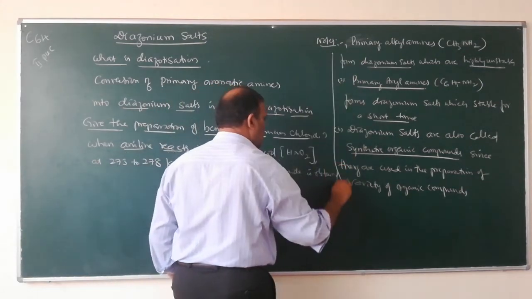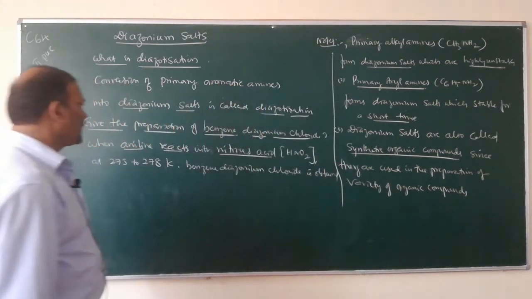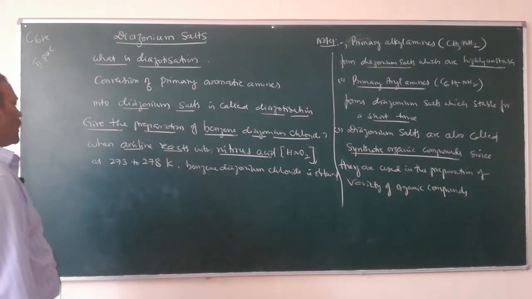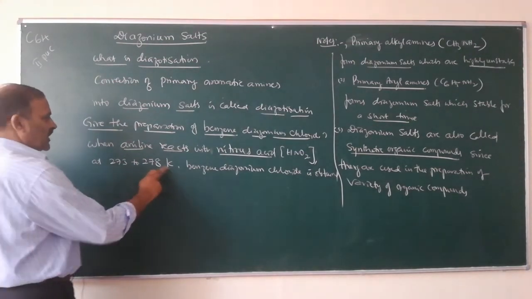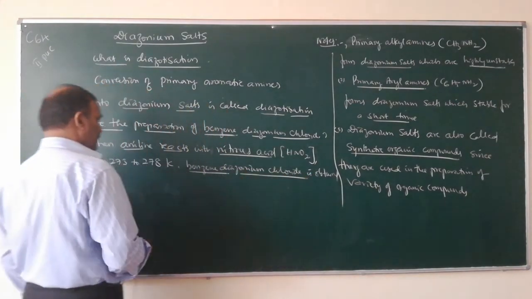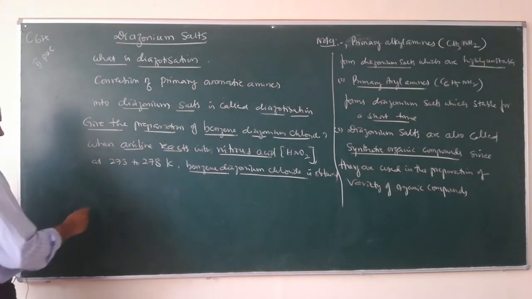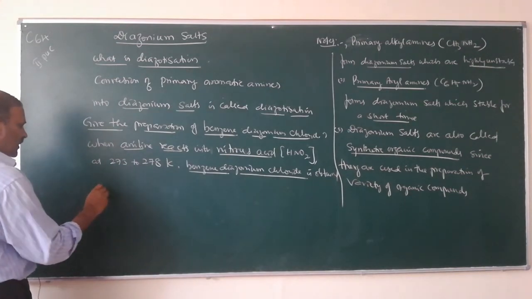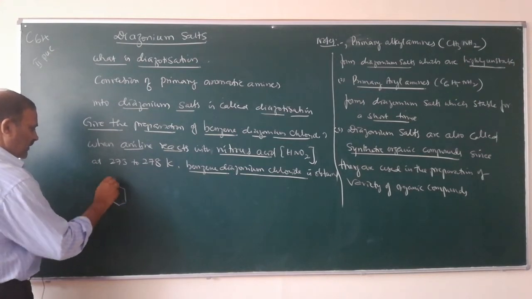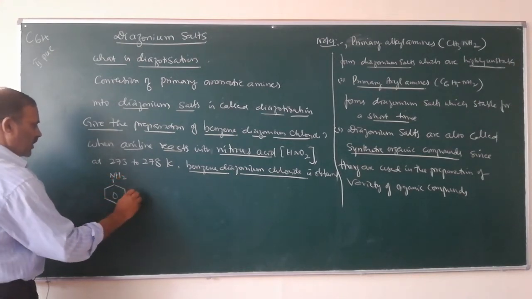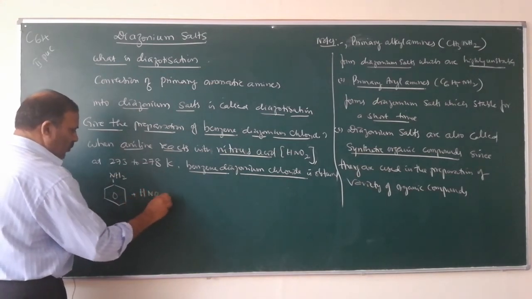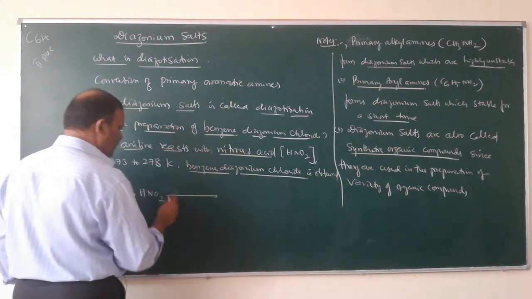So, when aniline reacts with nitrous acid at 273 to 278 Kelvin, benzene diazonium chloride is obtained. So, what is the reaction? So this one is aniline, C6H5NH2, plus HNO2. How is HNO2 obtained?